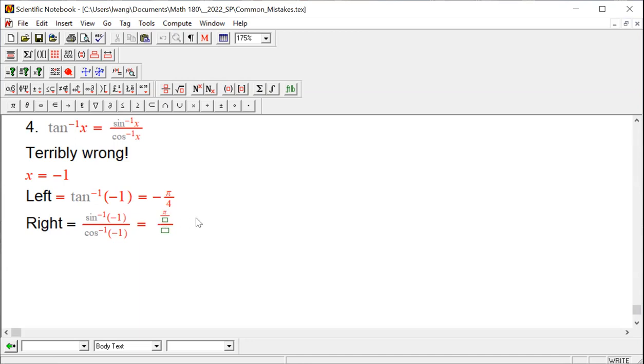It's negative pi over 2. How about arc cosine of -1? That's pi. So what does this equal to? Negative pi over 2 divided by pi equals -1/2. Obviously, negative pi over 4 is not equal to -1/2.